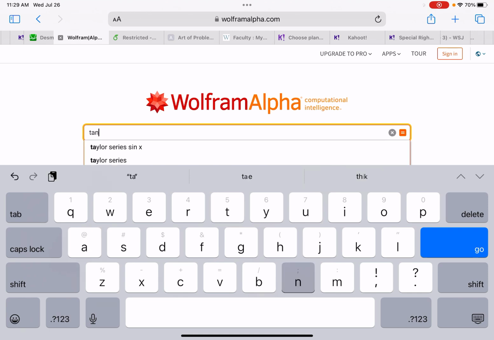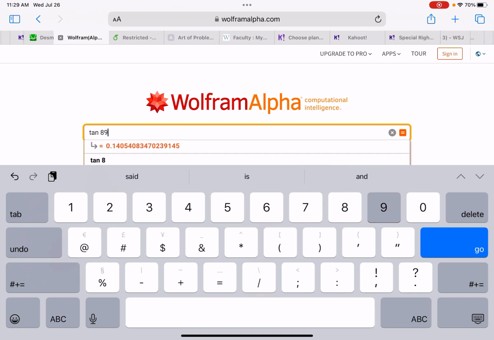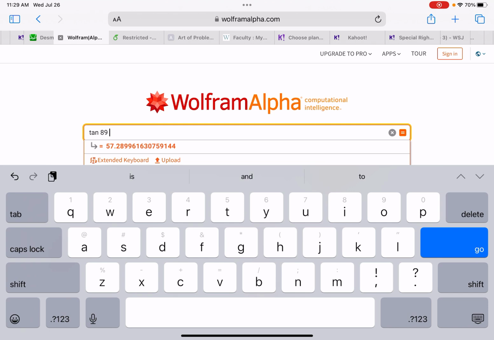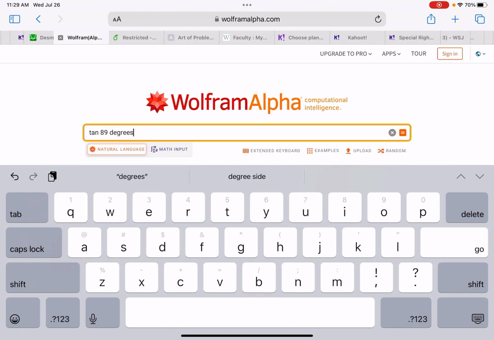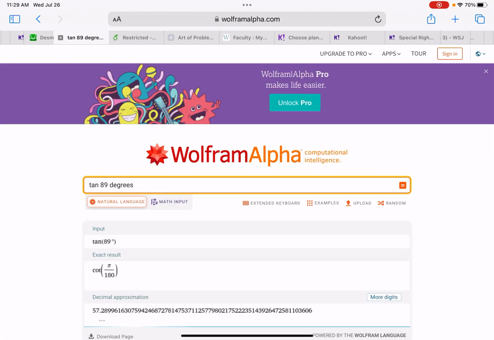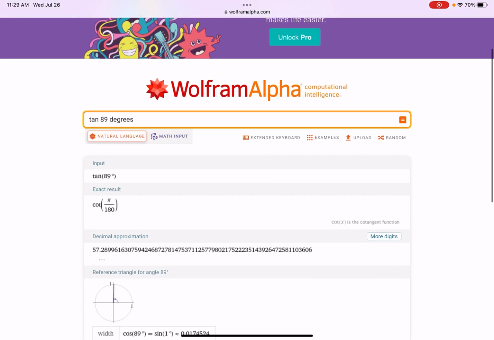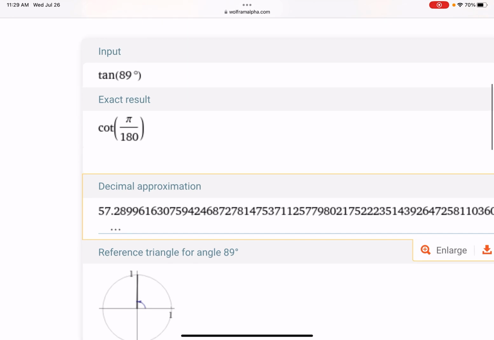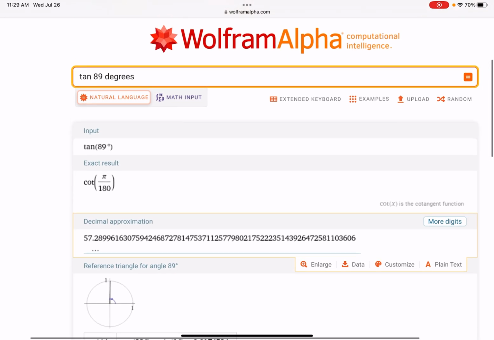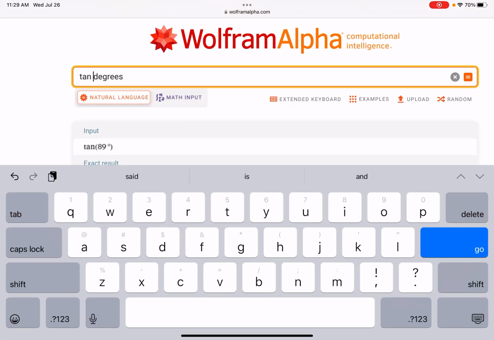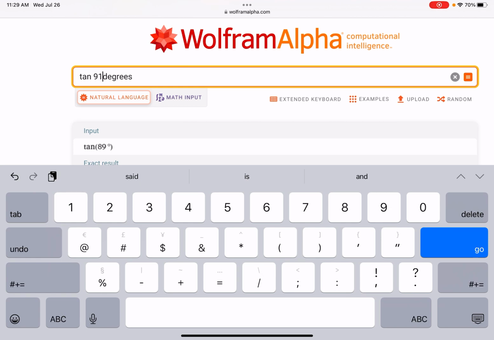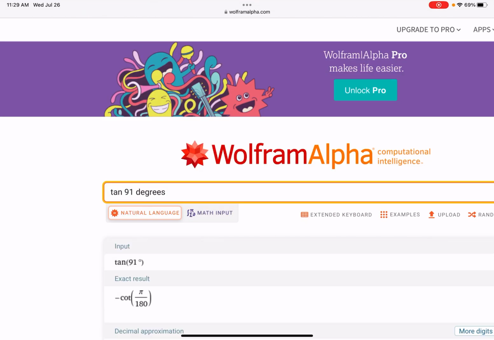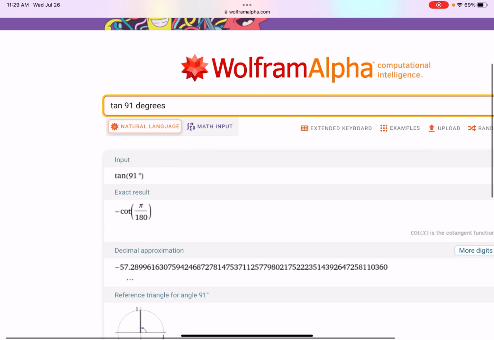And so tangent of 89 degrees, and that's approximately 57. Tangent of 91 degrees is approximately negative 57.